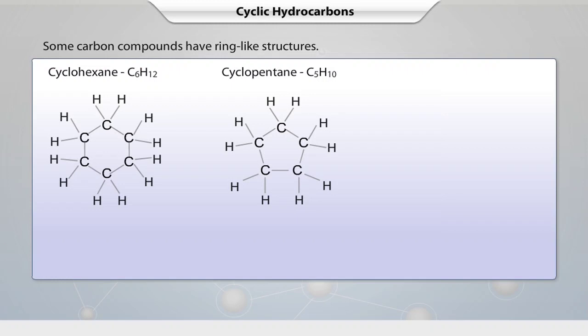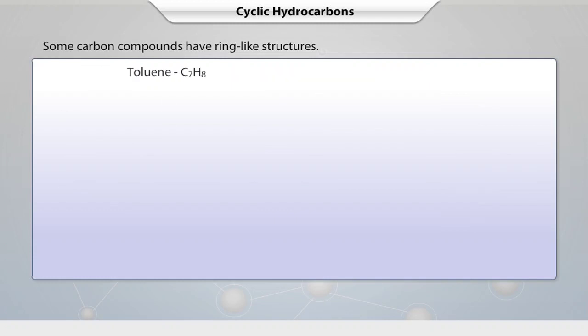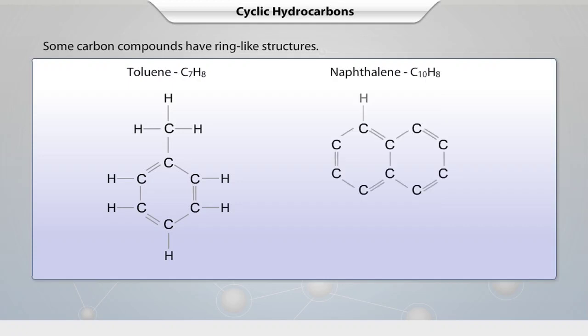The carbon atoms in the industrial solvent benzene are arranged in a symmetrical ring with alternating single and double bonds between the carbon atoms. Some compounds are made up of combinations of rings and chains, such as toluene, which is an important solvent, and naphthalene, used in mothballs.